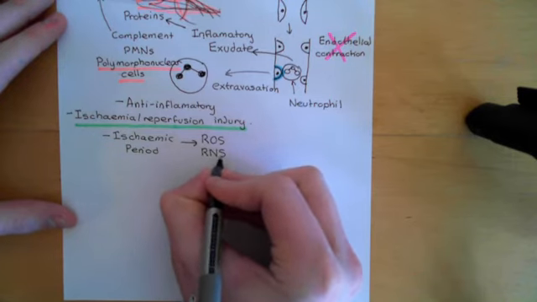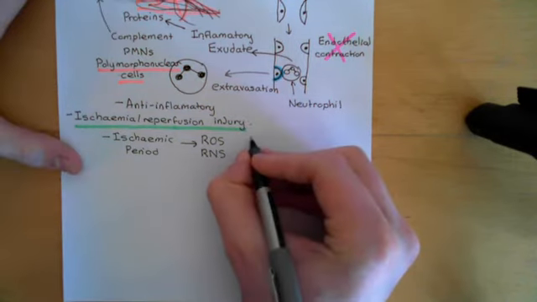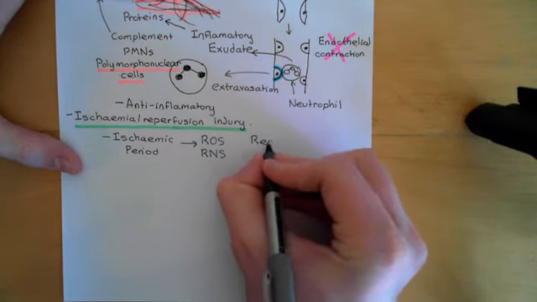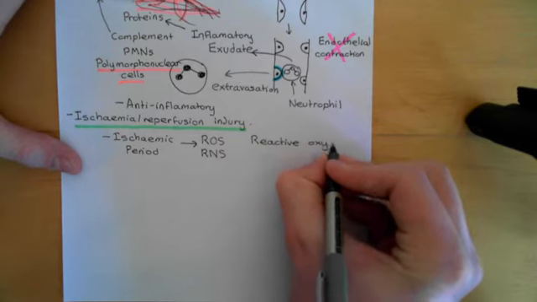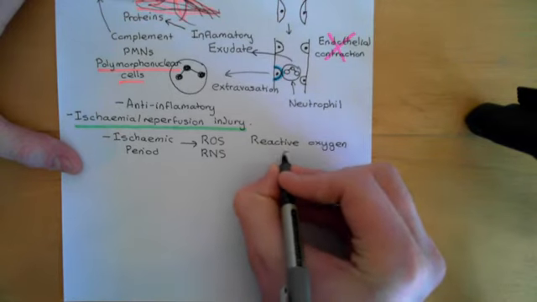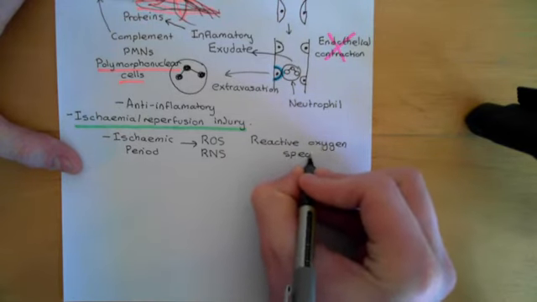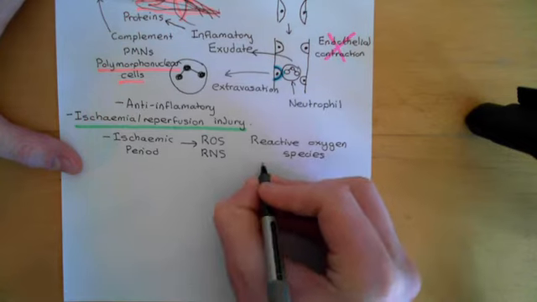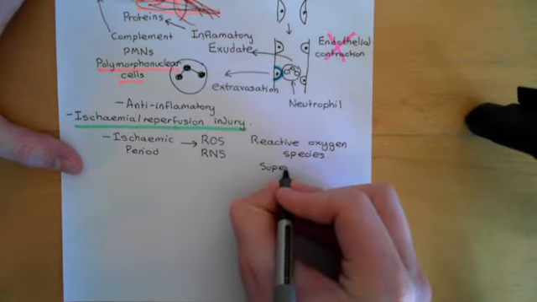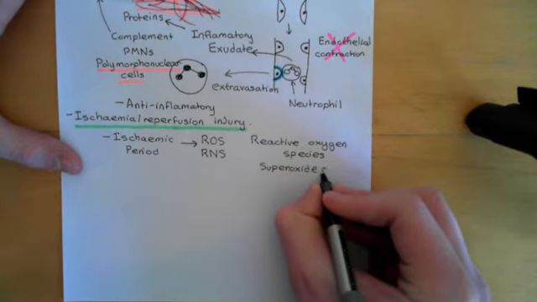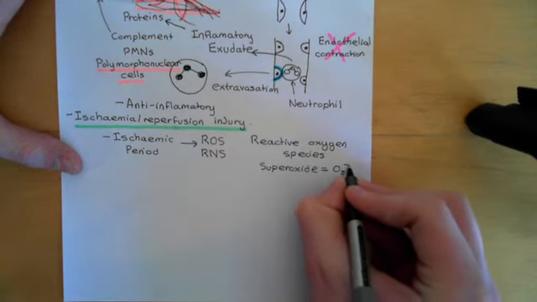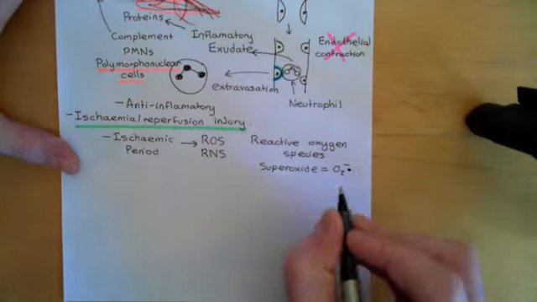Let me give you some examples of reactive oxygen species and reactive nitrogen species. We'll start off with reactive oxygen species, ROS for short. The key example of a reactive oxygen species is superoxide. This is a very evil molecule, a very dangerous molecule. This is written as O2 negative and then a dot here.